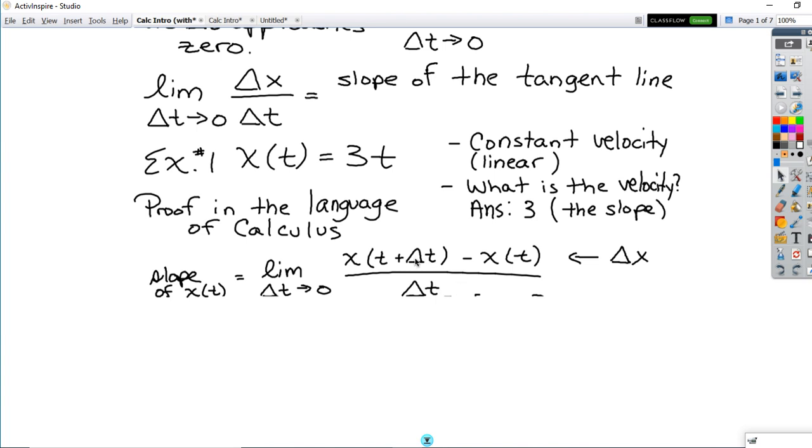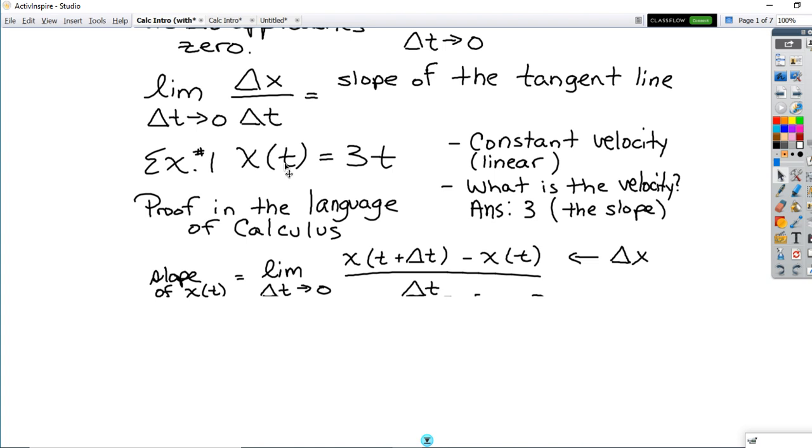So literally what we have to do is plug our information from example 1 into this formula. Notice that x at t is the formula that we were given, 3t.